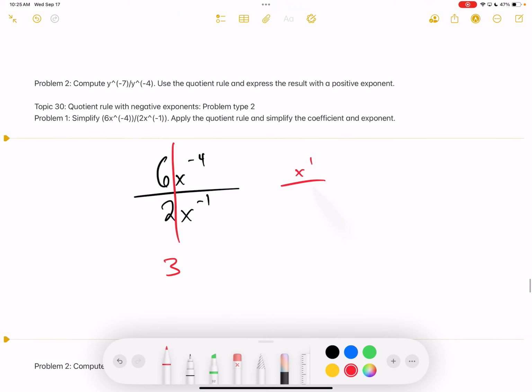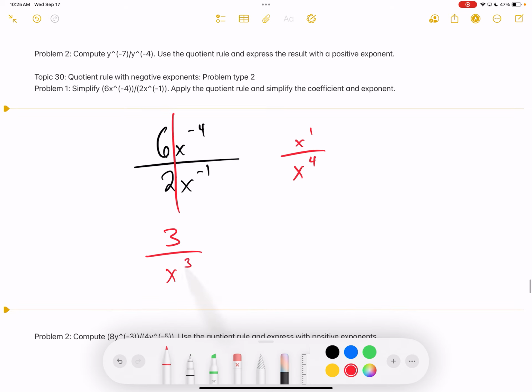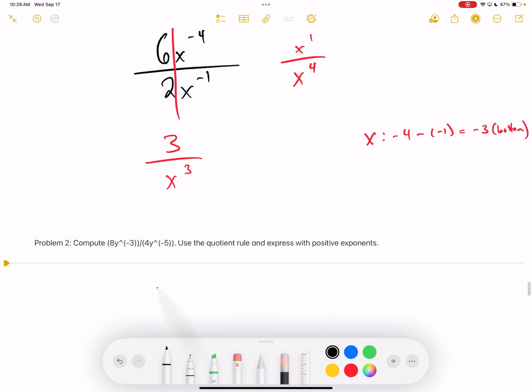But if you want to rewrite them like this, where the 1 is on top and the 4 is on the bottom to get rid of those negatives, so now I have 3 extra x's on the bottom. If you subtract them, it would be -4 minus -1, which would be -3. So since that's negative, it would be on the bottom. I think it's easier just to go ahead and turn them all to positive and then work from there. It might take a second longer, but it's just a second.